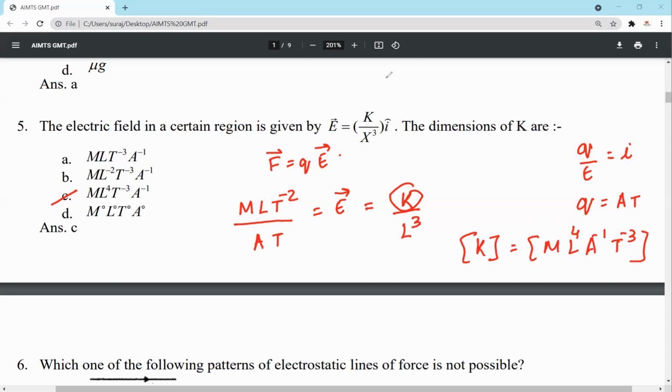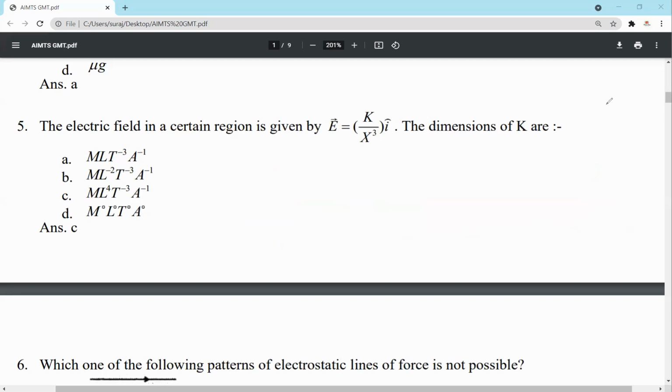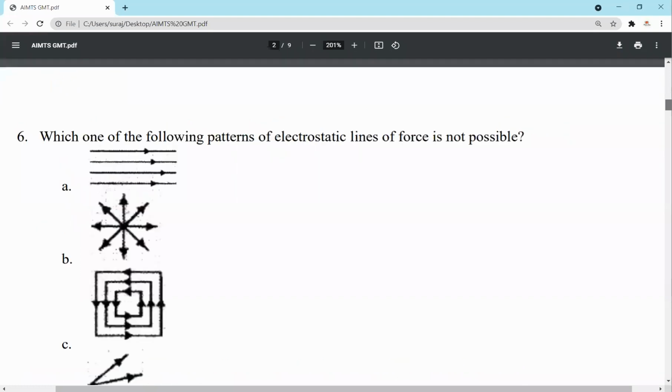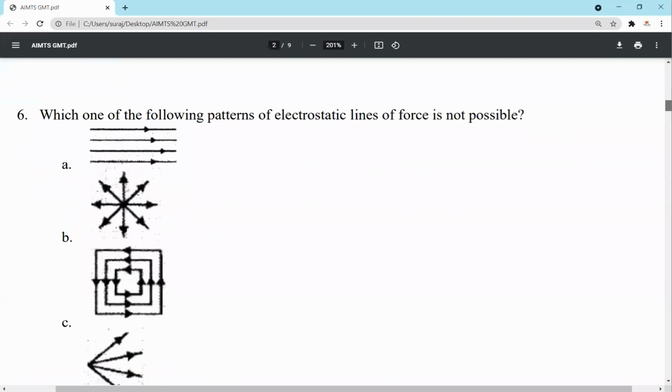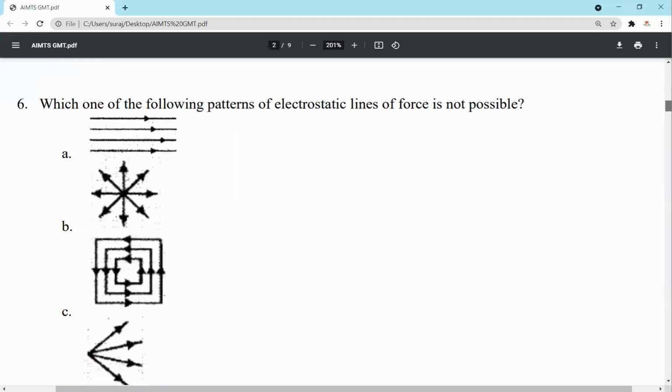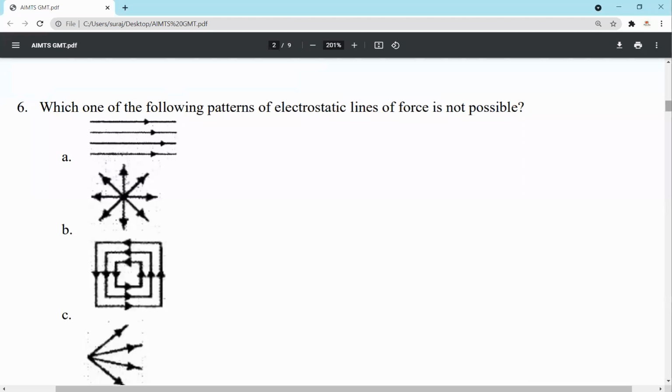Next, coming to question number 6. Which of the following patterns of electrostatic lines of force is not possible? All these are electric fields given. I need to find which of the following lines of force is not possible.